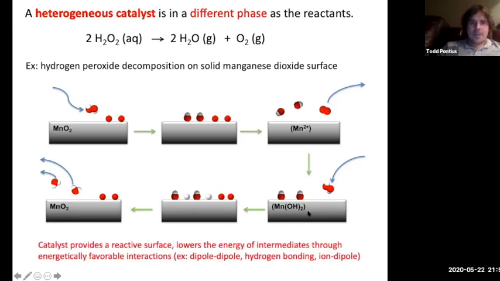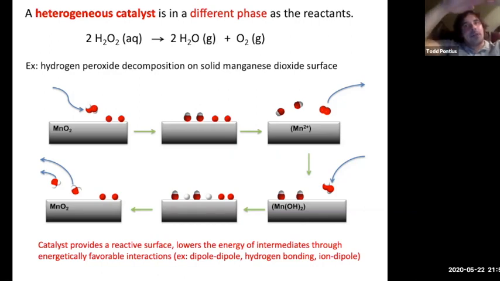Okay, so generally speaking, what we do with a heterogeneous catalyst is we give our chemicals a reactive surface to work upon. So they lower the energy of the intermediates through energetically favorable interactions. So maybe that surface allows for some extra dipole-dipole interactions or some hydrogen bonding. Regardless, it stabilizes the intermediates.